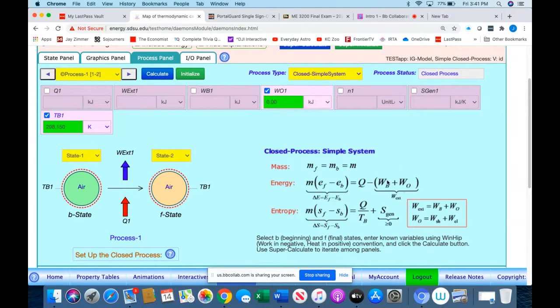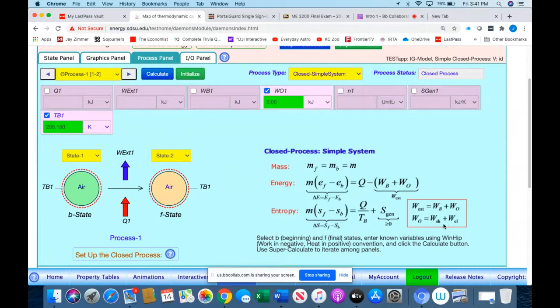Work is divided up into two parts. One is a term that's referred to as W0, which is either shaft work or electric work. That would be work that we did on the system by some external means. In this particular problem, we don't know how that 10 got put into the system, as it states in the problem.